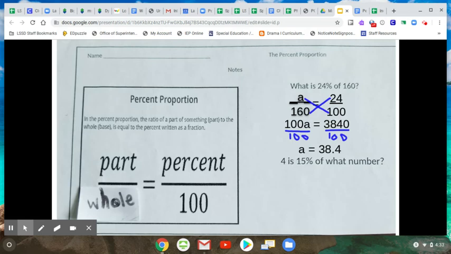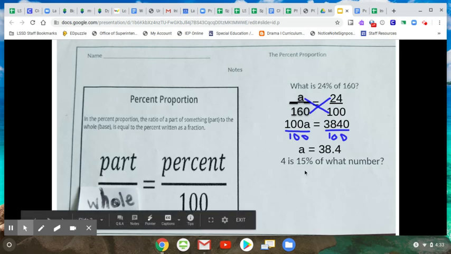So let's move on to the next one. 4 is 15% of what number? This time we did 4 is, meaning we have the part. So we have 4 out of W. We don't know what W is right now. That is equal to 15 out of 100, or 15%. Once again, I'm going to cross multiply.